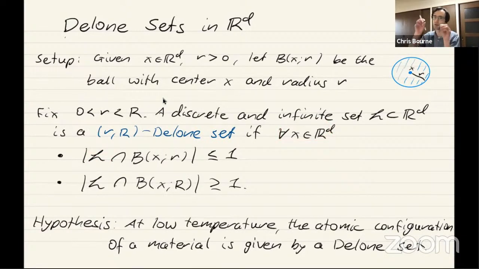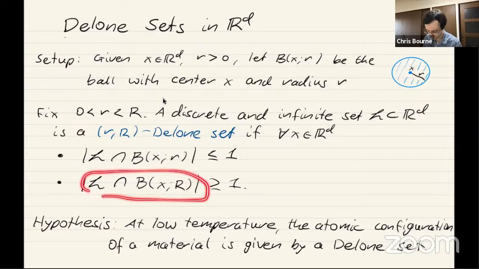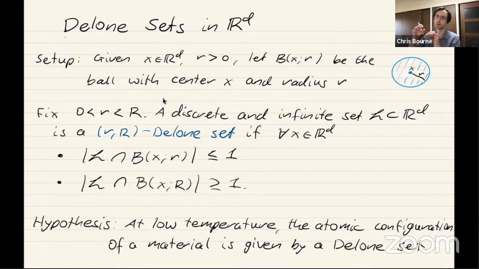It's telling you that no two points within L are arbitrarily closely clustered together; there's always some spacing between points. I also ask that the intersection with the ball of radius big R should be at least 1. So there are no two points too close together, but also if I take a ball big enough, I will always find some other point which is not too far away. Nothing too close, nothing too far away.